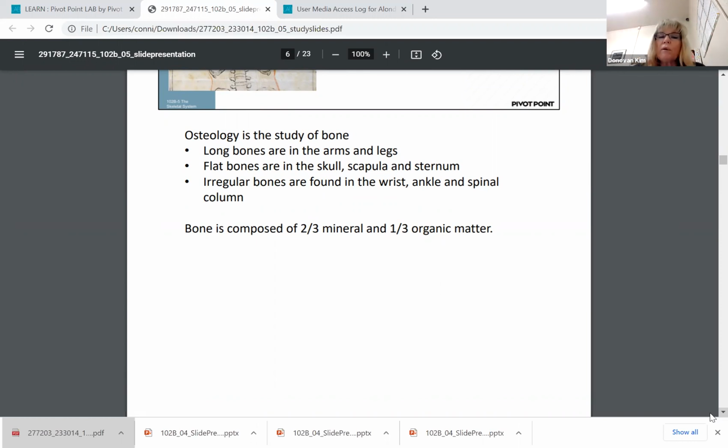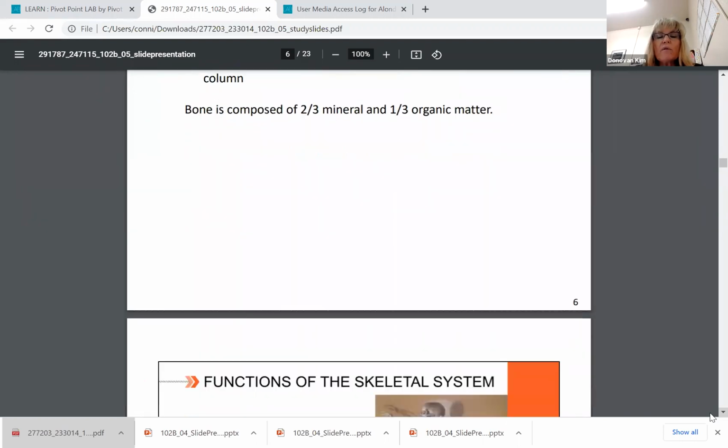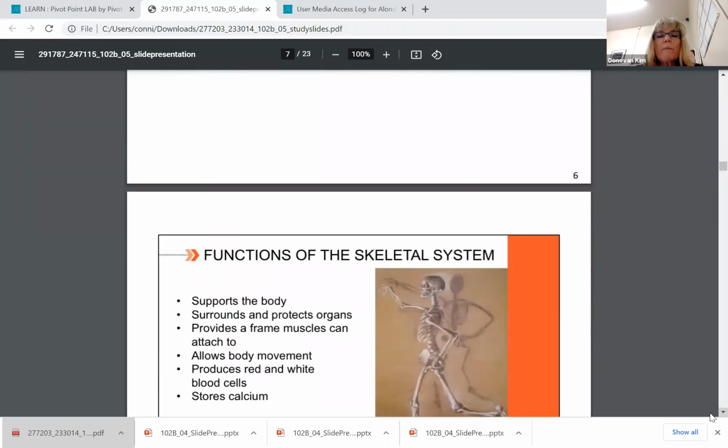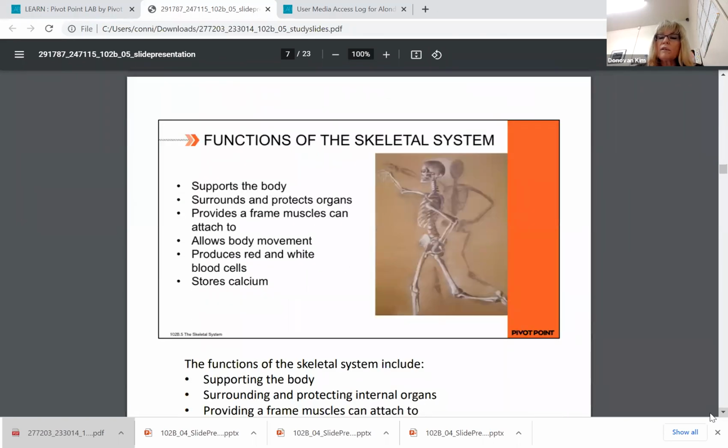You have long bones. These long bones are found in your arms and your legs. You have flat bones. Those are your skull, your scapula, which is in your back, and your sternum, which is your chest. And then you have irregular bones that are found in the wrist, ankle, and spinal column. Again, there's your 2/3 mineral matter, 1/3 organic matter.